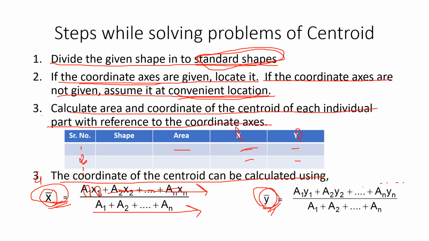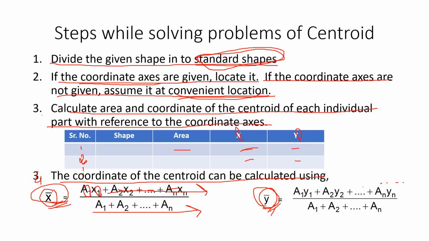To summarize, in this video we have understood what is CG, what is centroid, and the difference between centroid and CG. Next, in more depth, we started with CG and with centroid. In centroid, we also learned the centroid of standard shapes like rectangle, triangle, circle, semicircle, quarter circle, and sector.